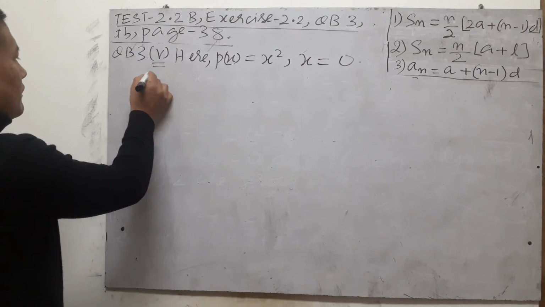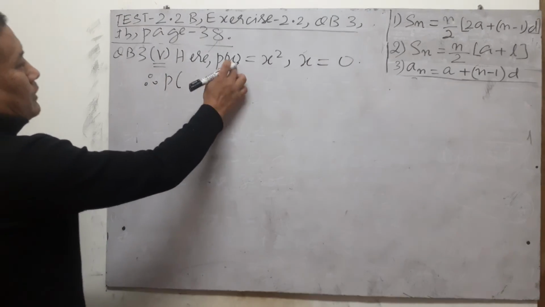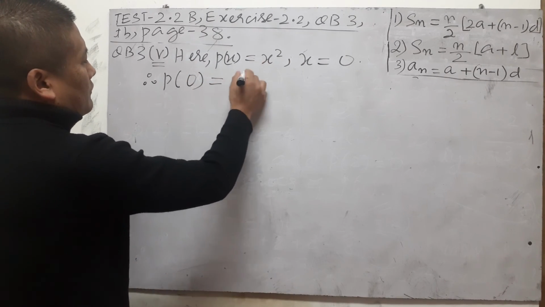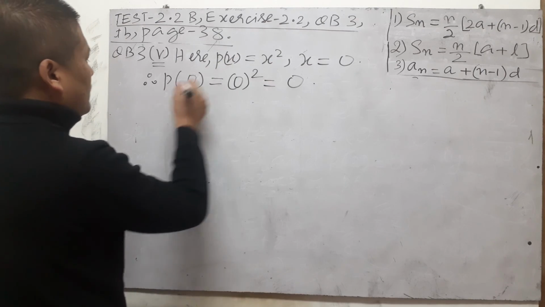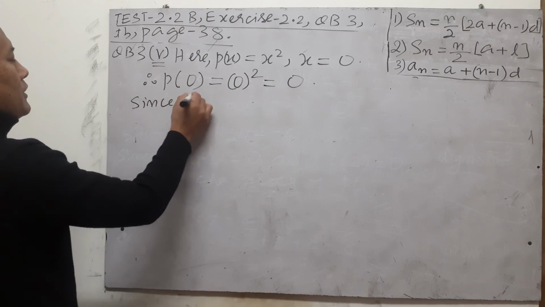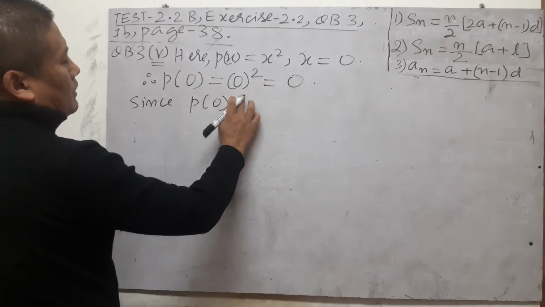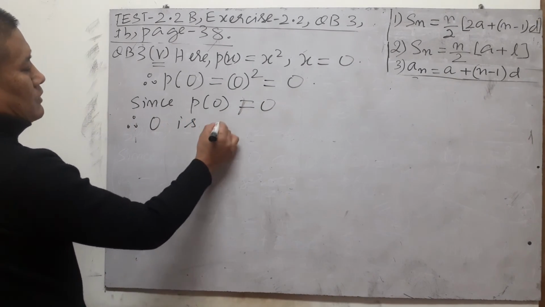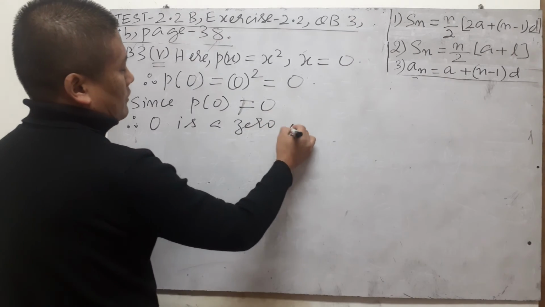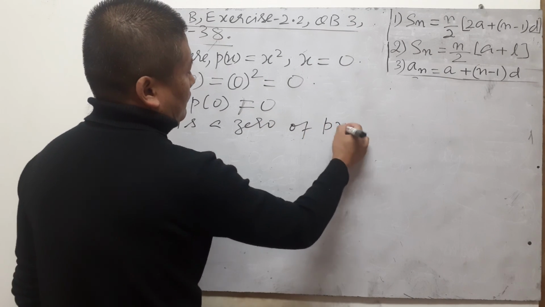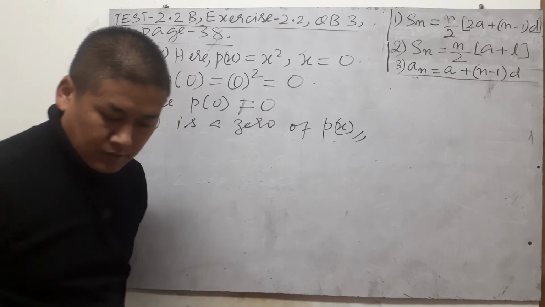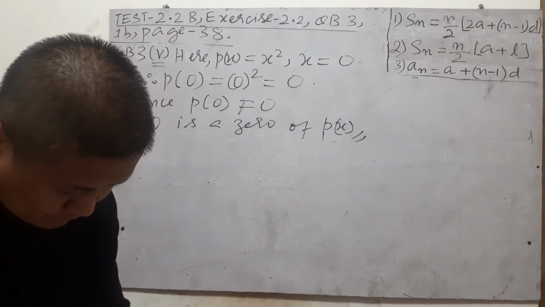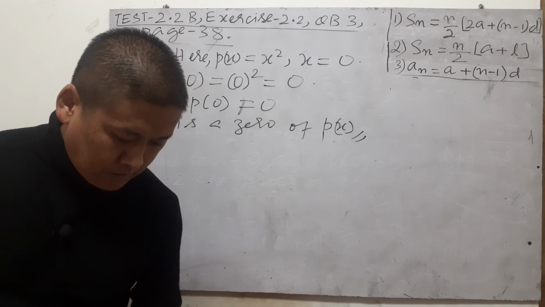So we can write p of 0, we put in place of x 0. 0 squared is simply 0. So since we found out p of 0 is exactly equal to 0, therefore 0 is a zero of p of x. Yes, I think that's correct. Great.